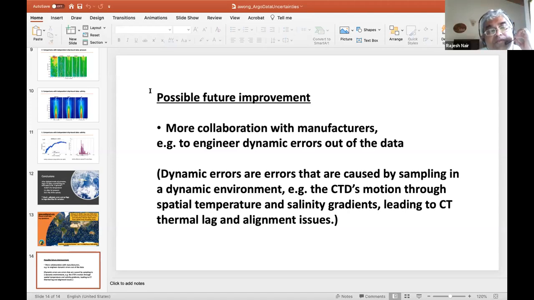Just a quick comment on that slide again, in regard to the manufacturer. This is from personal experience with a CTD on a glider, and it's not just dynamic errors; it's the specifications themselves. When we checked the glider sensors in the lab, it was very hard to meet the specifications of the manufacturer. So I wrote to the manufacturer, and they told me that the specifications they cite in their sheets are for the CTD unit when it leaves their factory, and it doesn't have to match what happens when it's interfaced by the glider manufacturer.